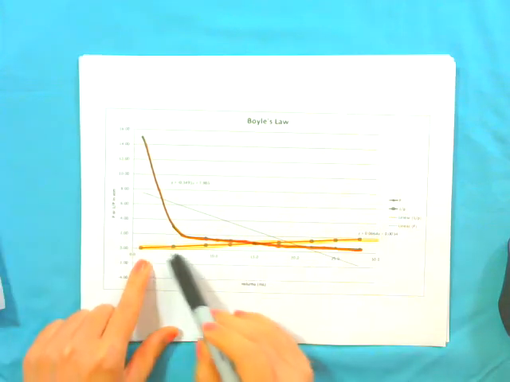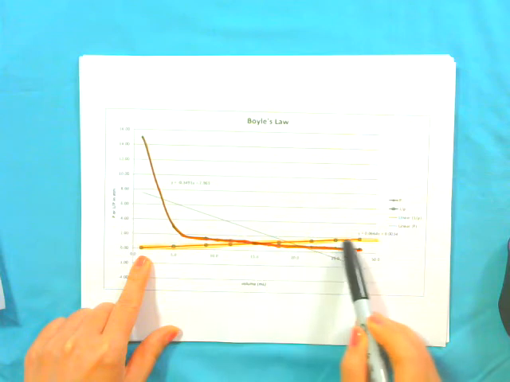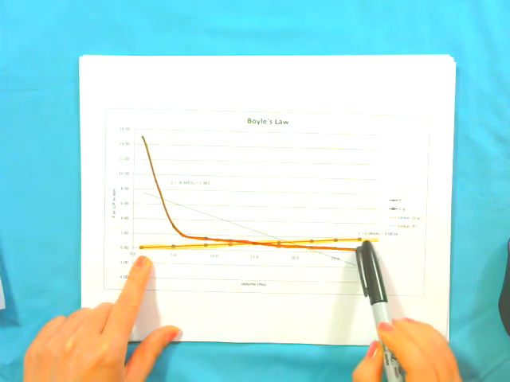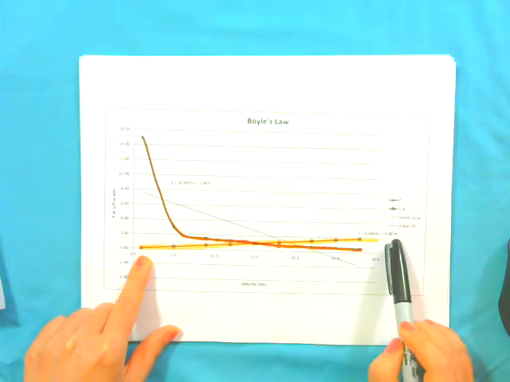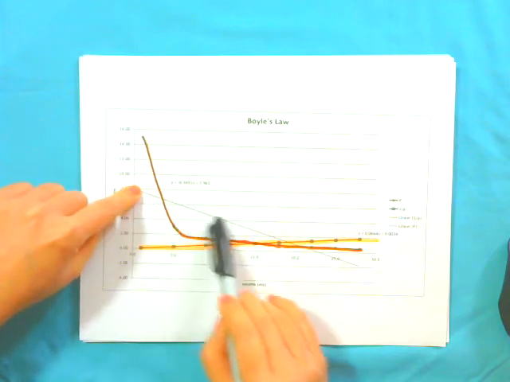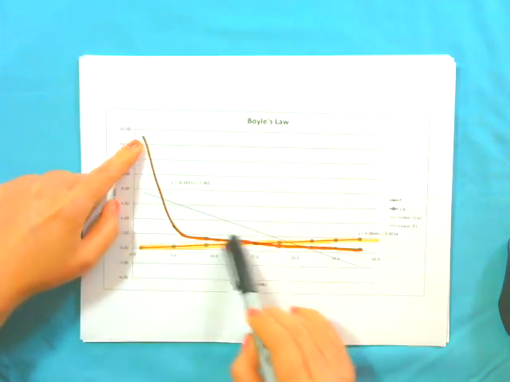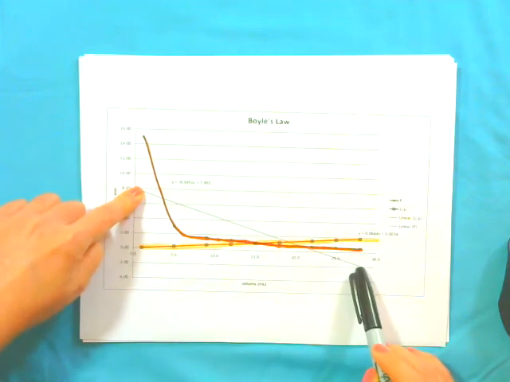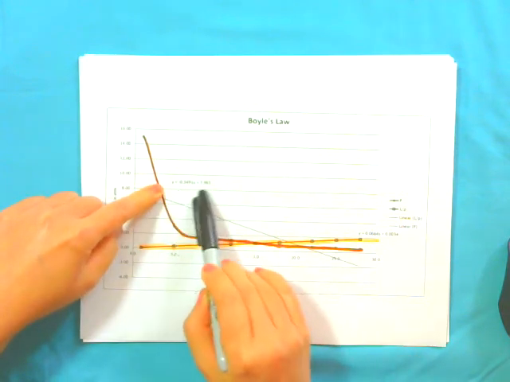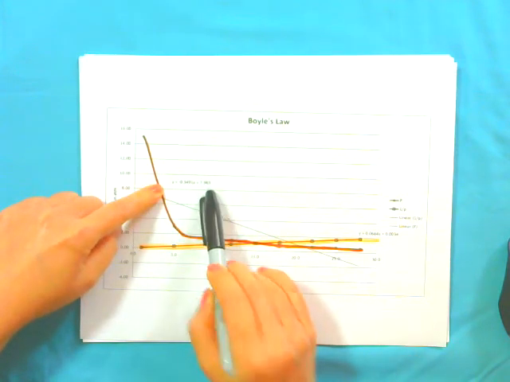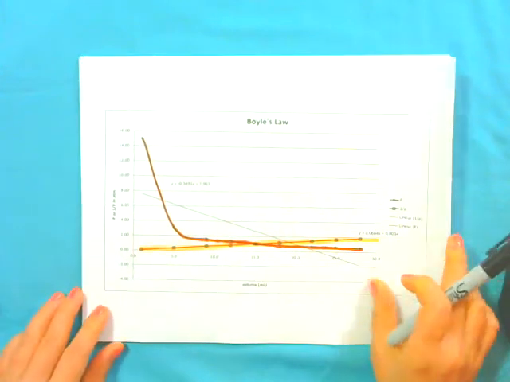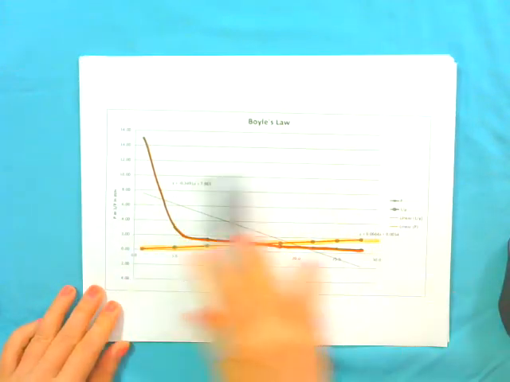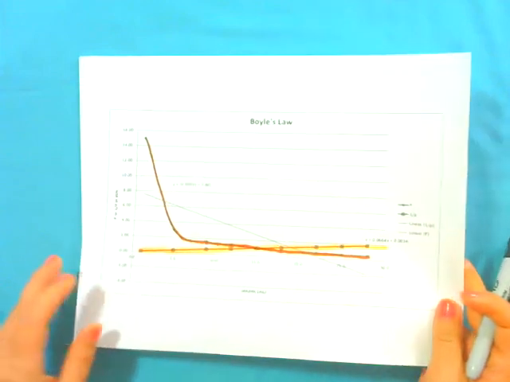I also have on here the linear trend line, and the linear trend line equation is given here.